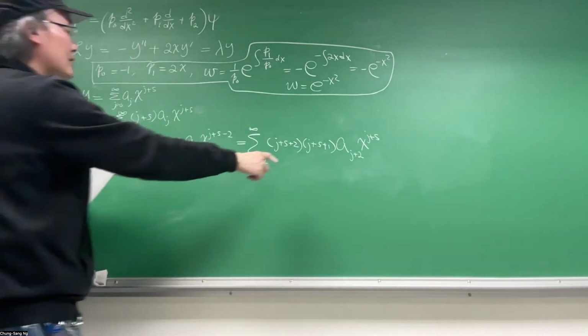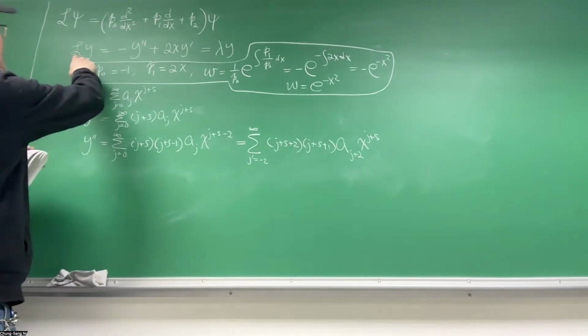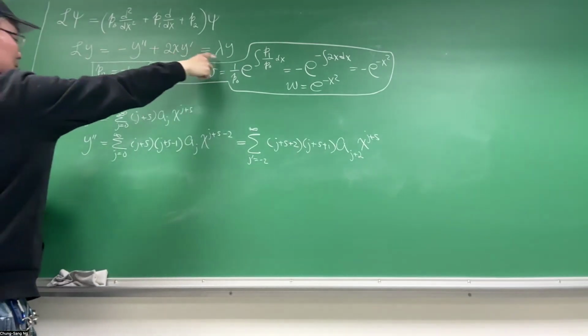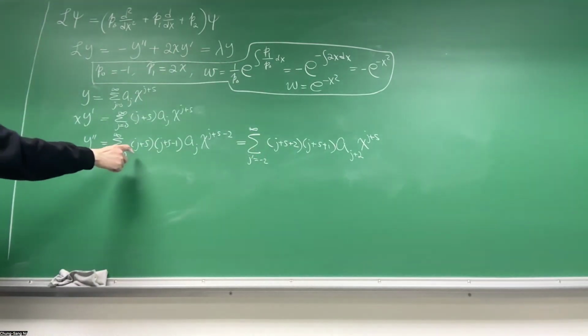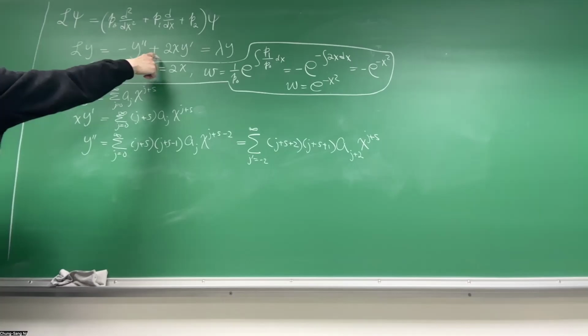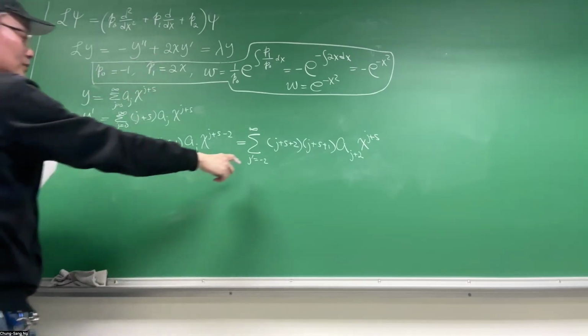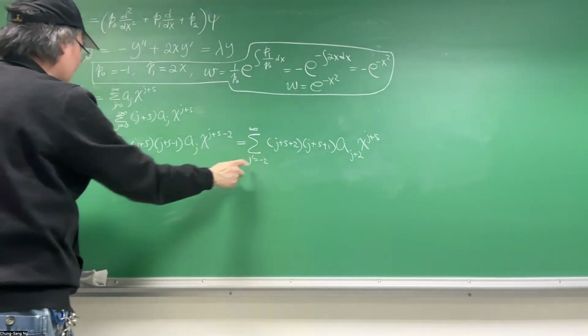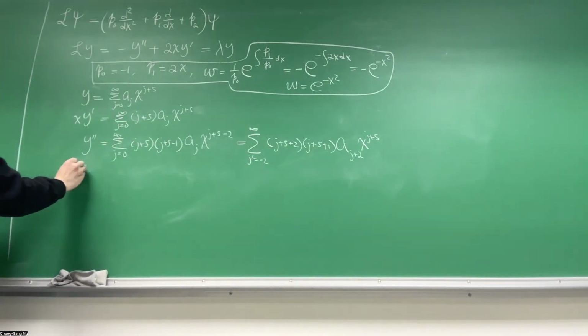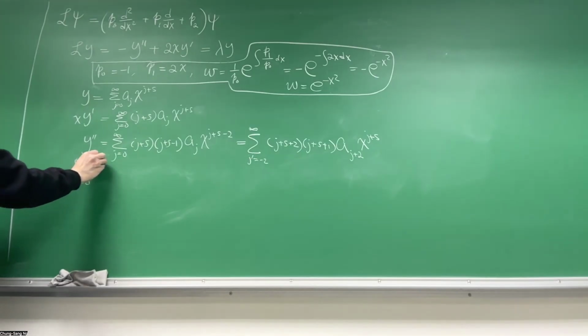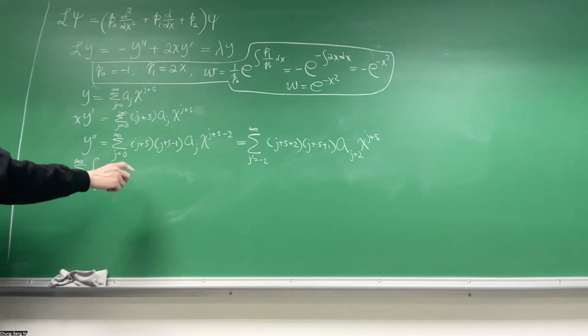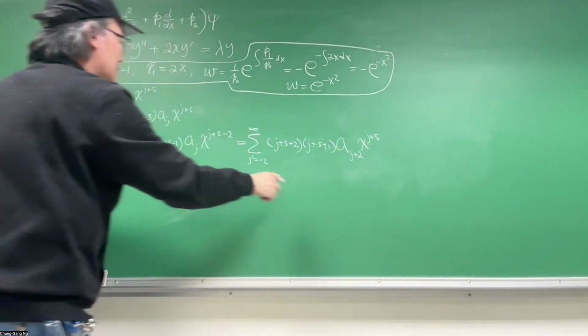Now every term has the same form. So you just substitute all of it into this equation, and you have two extra terms, for minus 2 and minus 1. Otherwise, you have the summation over j from 0 to infinity, with everything proportional to x to the j plus s.